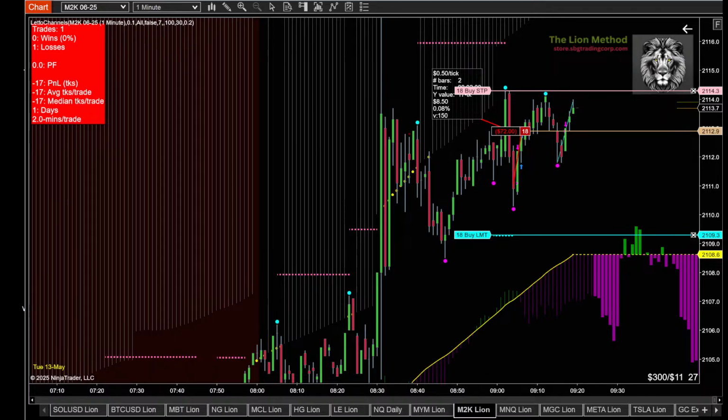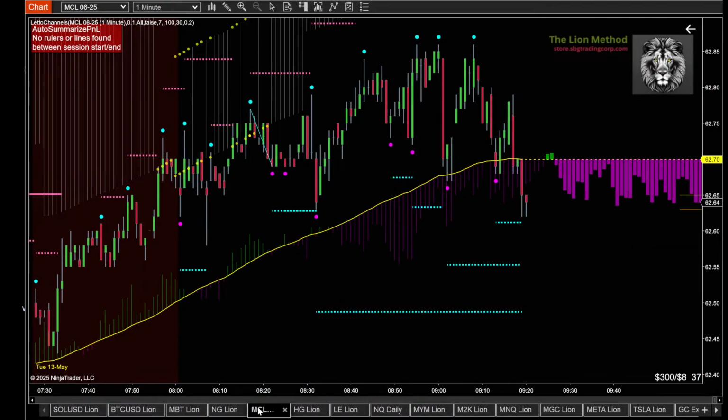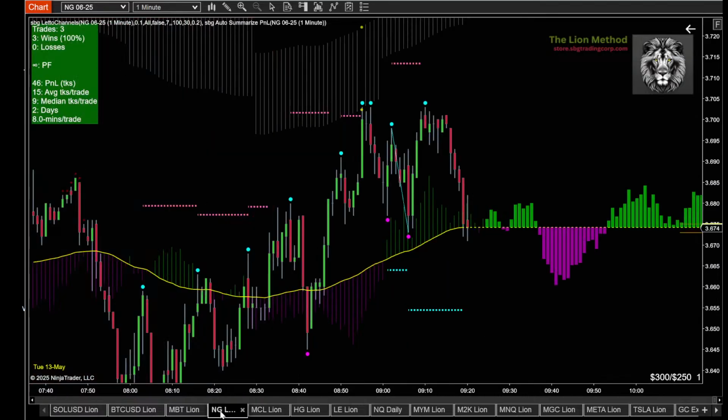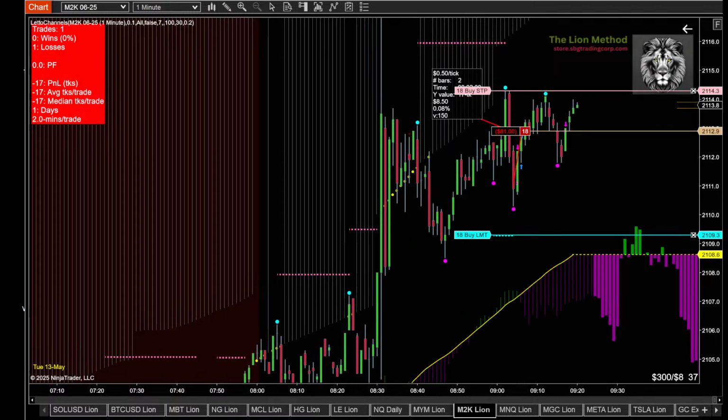9:19 in the morning, getting closer to the open. Crude is breaking lower. Nat gas is breaking lower. Russell is still kind of just floating.